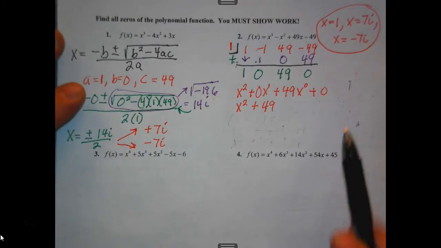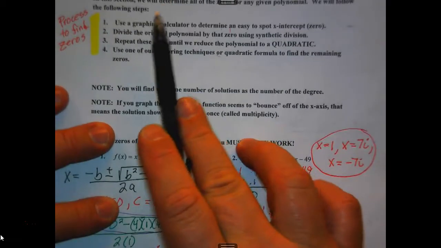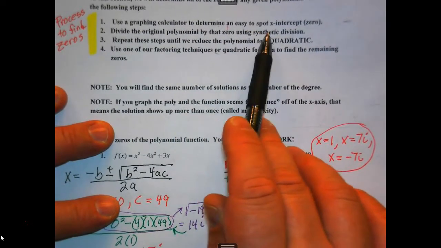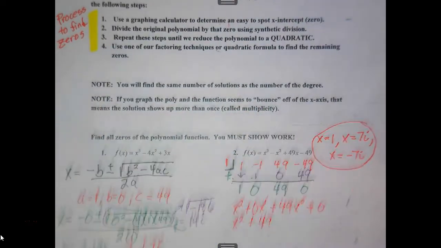Step 1. Use a graphing calculator to determine an easy-to-spot x-intercept.